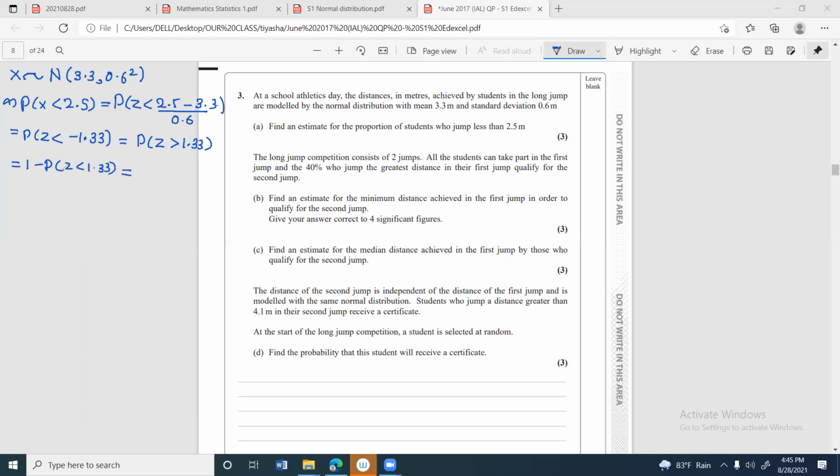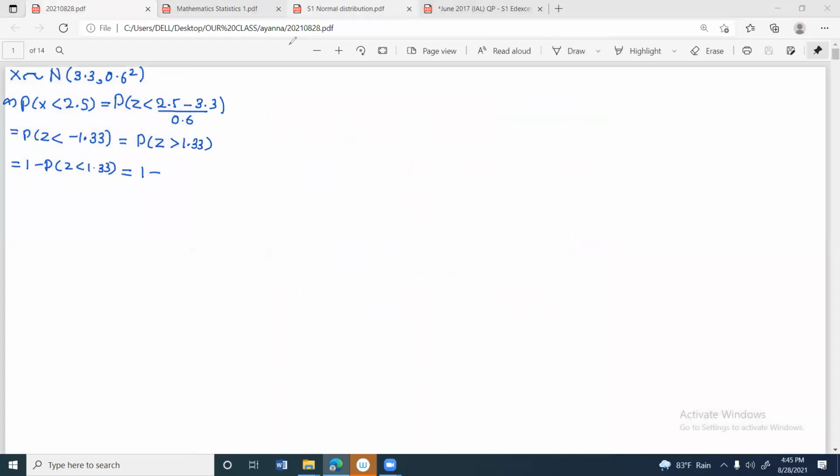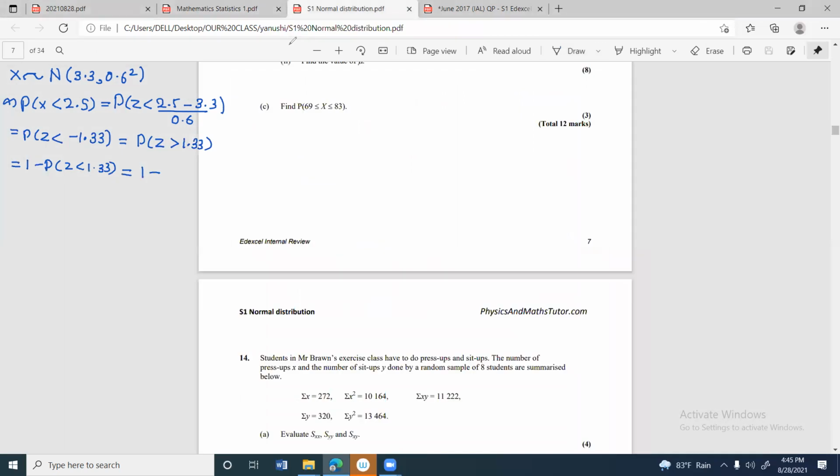You can get the 1.33 probability from the table: 0.9082. With this, you get the answer as 0.0918. That's the final answer for this question.